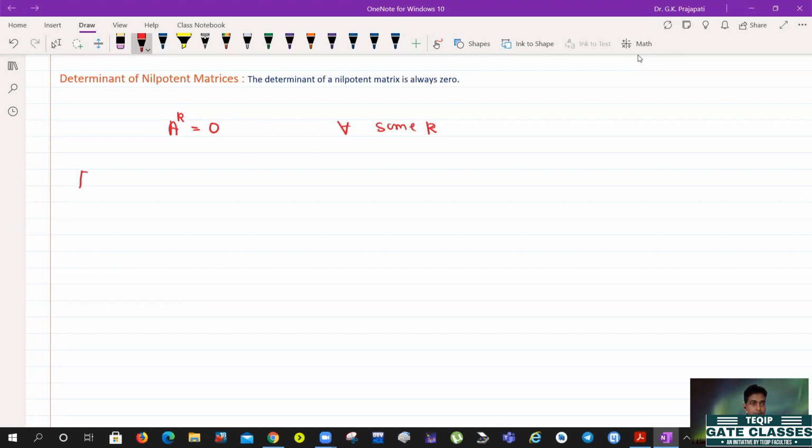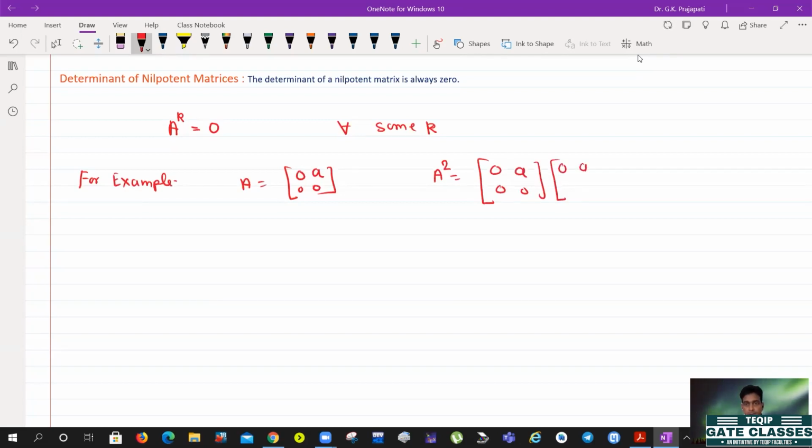For example, we can take A equal to 0, 0, 0 and here a non-zero element a. Then we can see that A square equals 0, a, 0, 0 multiplied again by 0, a, 0, 0.